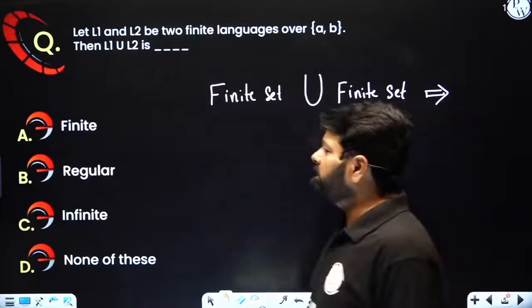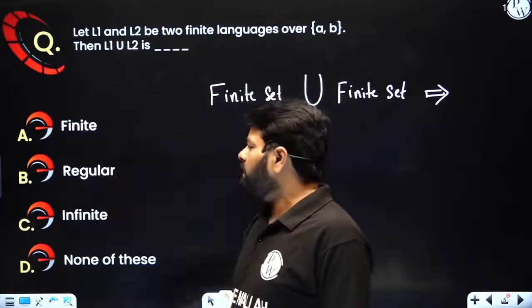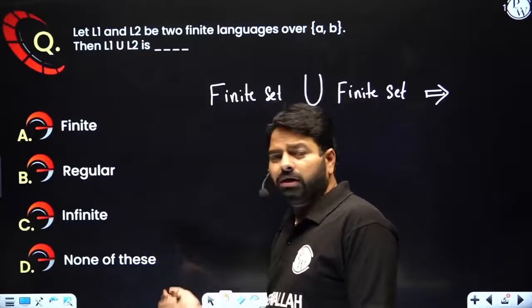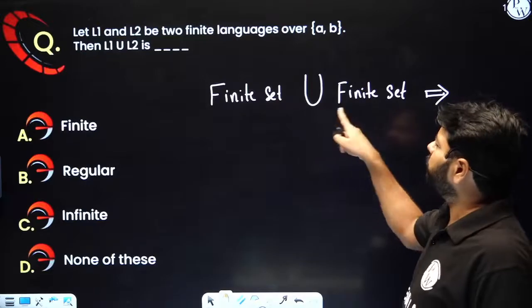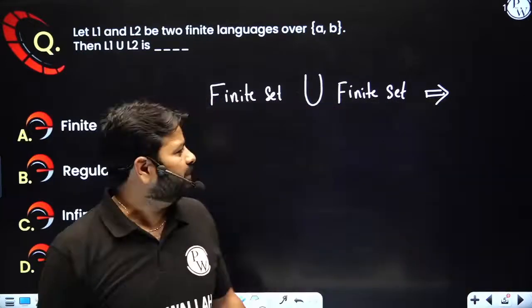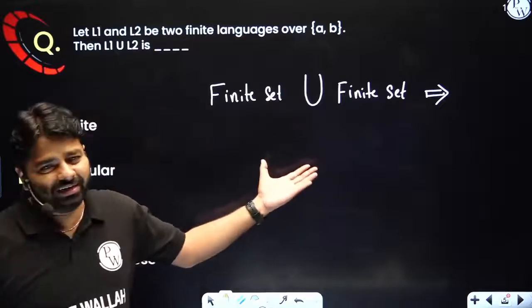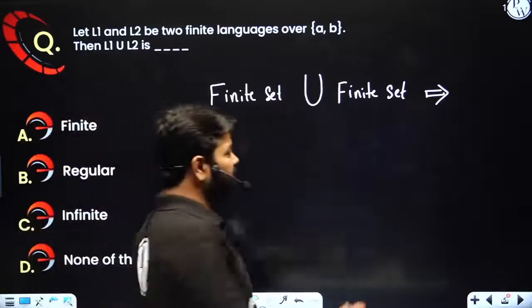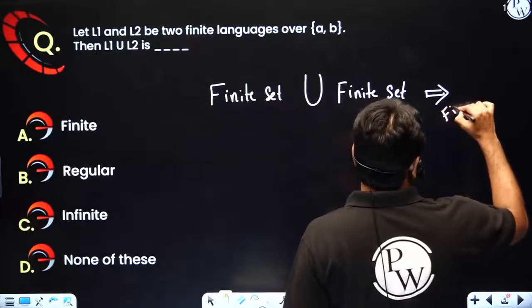Is it finite, is it regular, or is it infinite? Of course you need just mathematical knowledge for this; the theory of computation is not required to answer this question. Finite union finite is always finite without any doubt.